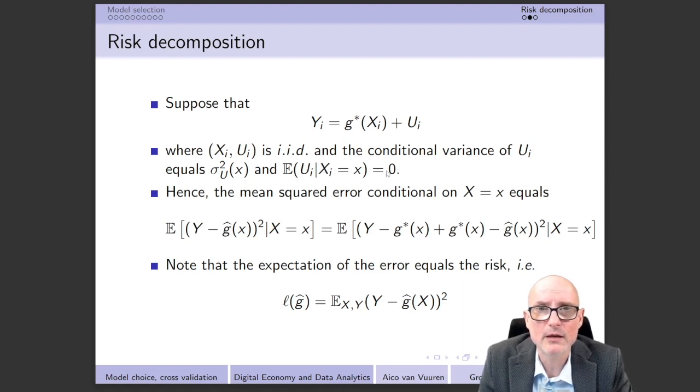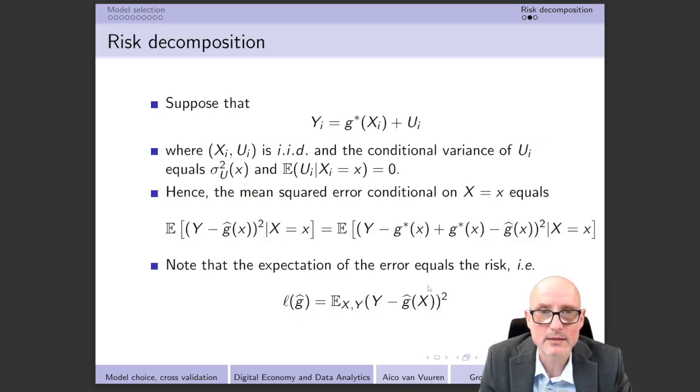Based on this model, we can look at something that we are going to call the mean squared error conditional on x equal to this little x. What is that? That's nothing else than the mean of y minus g hat x squared, conditional on x equal to x. Take into account that this already looks quite like the theoretical risk that we introduced before, because given this quadratic loss function, the theoretical risk is simply equal to the mean over x and y of y minus g hat x squared.